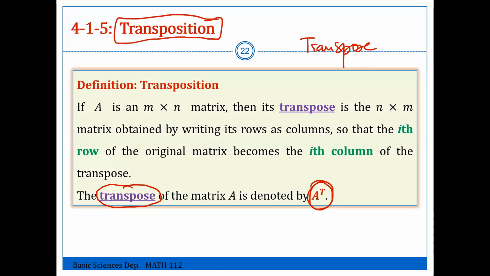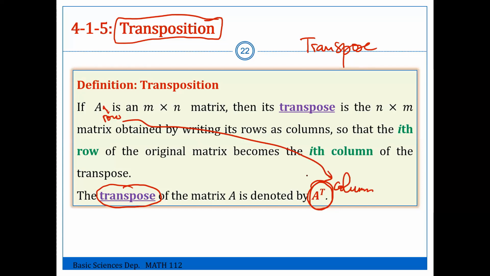So A transpose is obtained from the matrix A by transforming: the rows of A are the columns of A transpose. So a row of A becomes a column in A transpose.